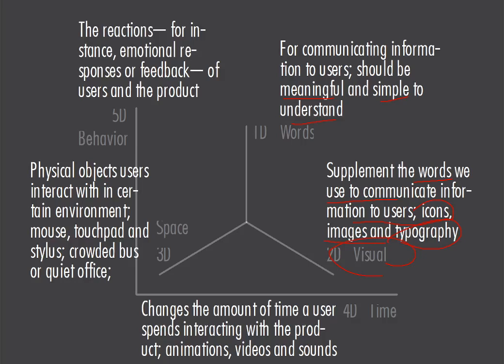The design should be easy and usable in a crowded bus or a quiet office. For example, in bus routing applications, buttons should be bigger or closer to the thumbs on smartphones, because people would be using the bus app outside when they are walking or even running, right?